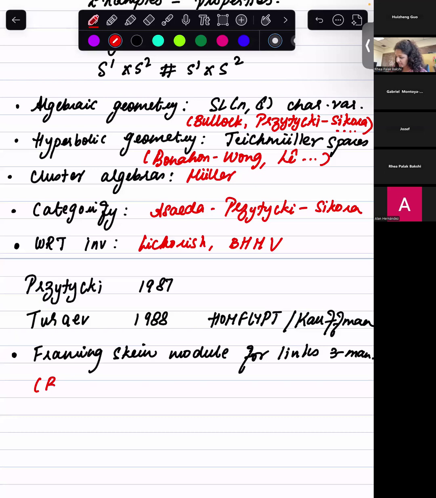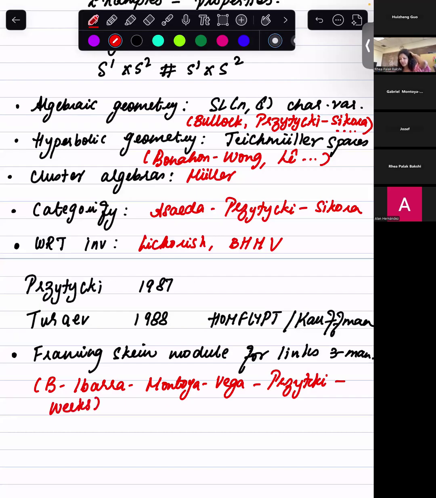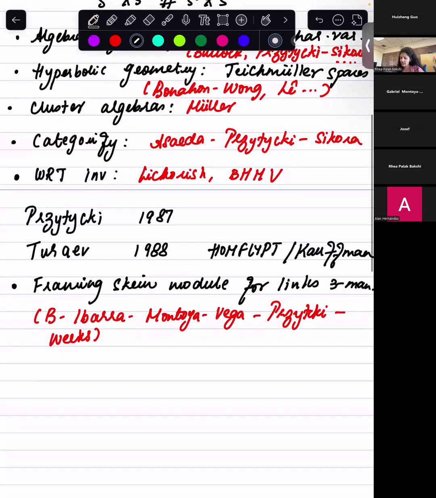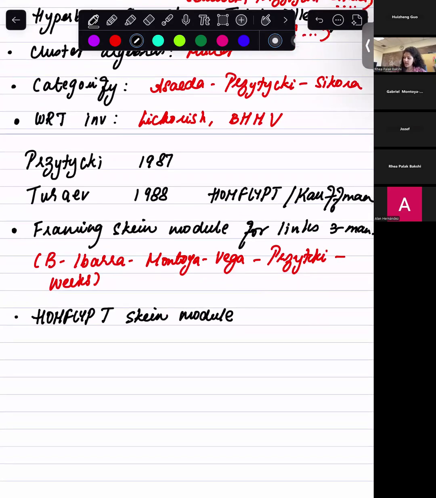Joint with Dionne Ibarra, Gabriel Montoya-Vega, Józef Przytycki, and Deborah Weeks, we gave the complete structure of the framing Skein module for any oriented three-manifold. There's the HOMFLYPT Skein module, which generalizes the HOMFLYPT polynomial for links in the three-sphere to an arbitrary three-manifold.